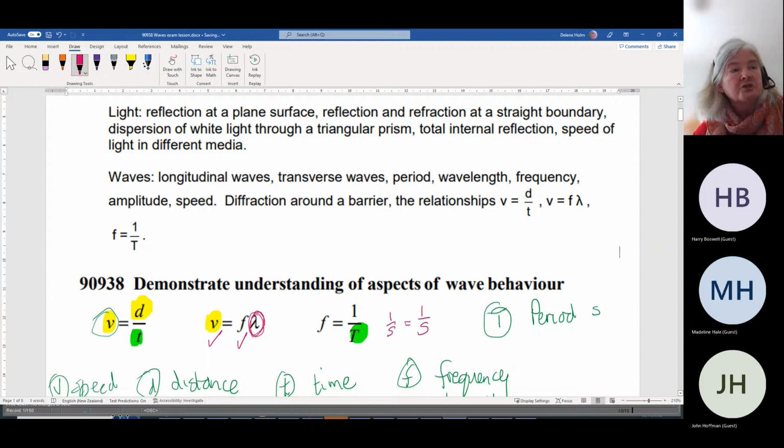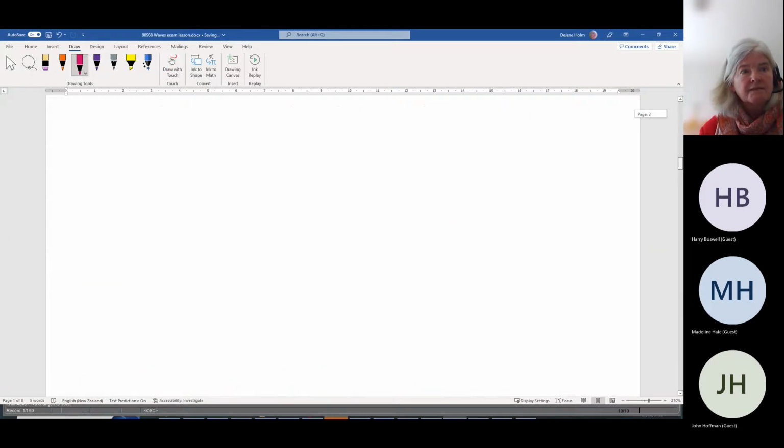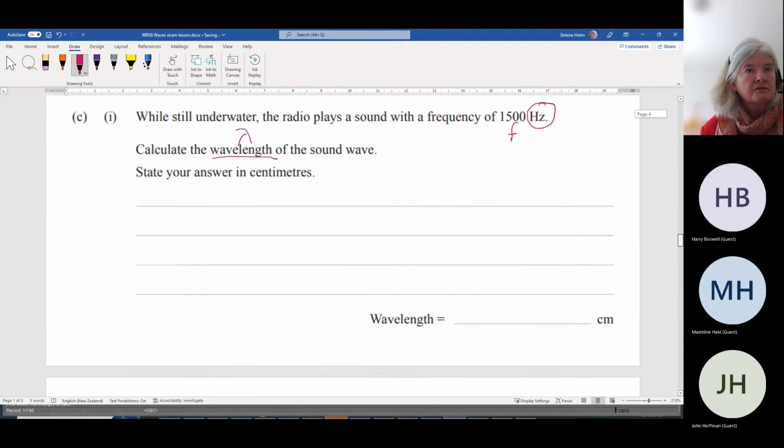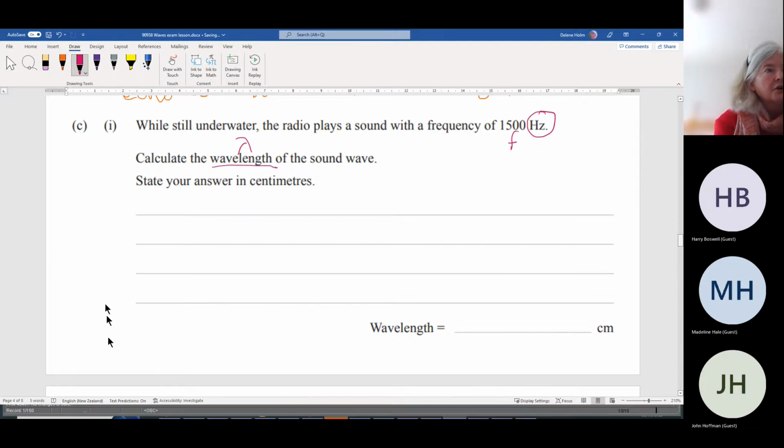So we know V is equal to F times lambda. I want to get lambda by itself. So if F is multiplying here, it's got to divide on the other side. So we've got lambda by itself now is equal to V over F.